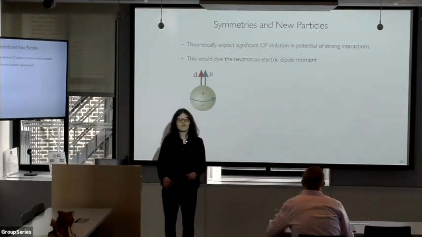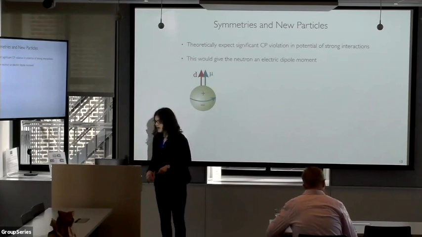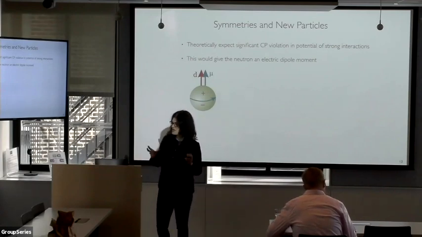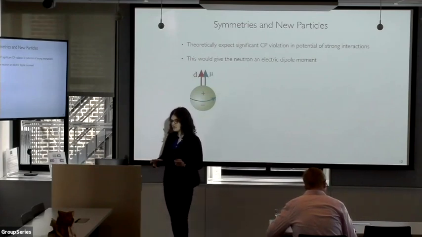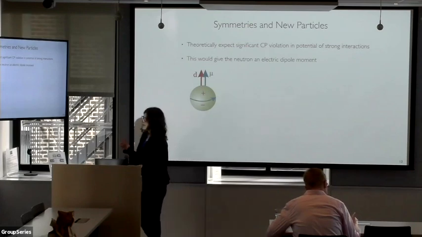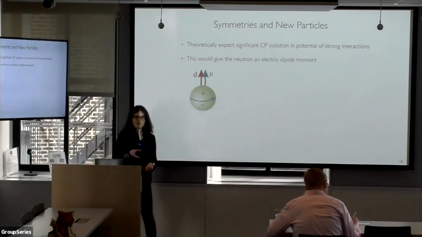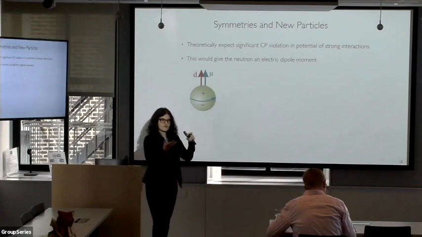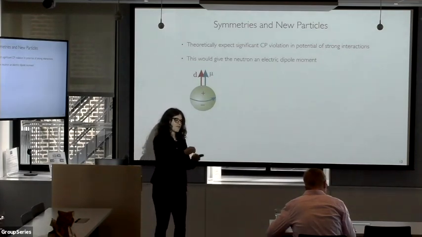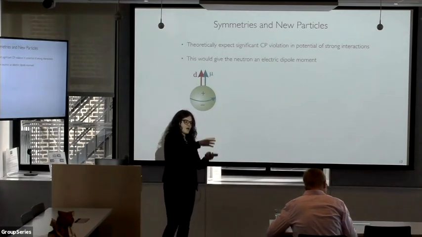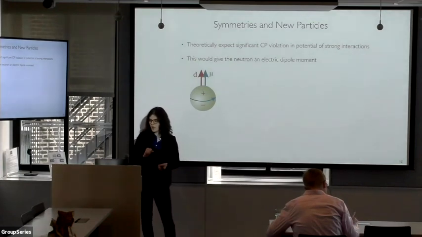And that we know from other measurements. However, if there were such a strong violation of this CP symmetry, this would give a dipole moment, electric dipole moment, to the neutron. So even though the neutron is electrically neutral, it would have an overall small dipole moment.